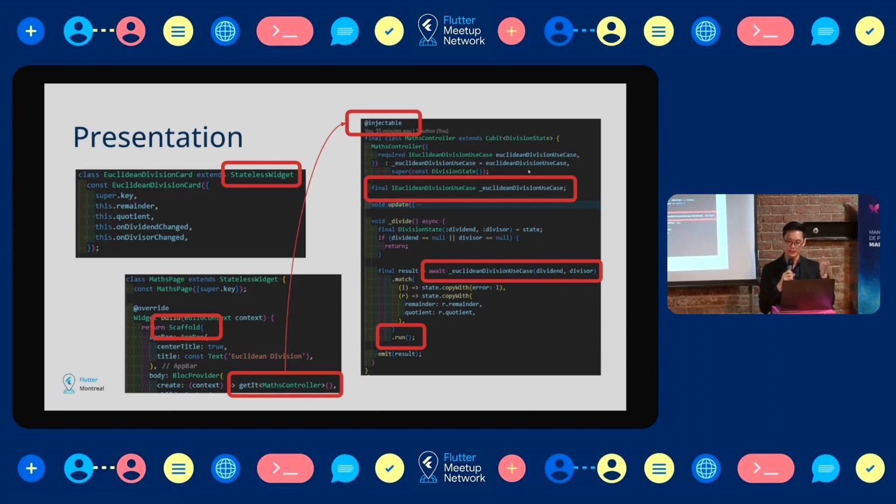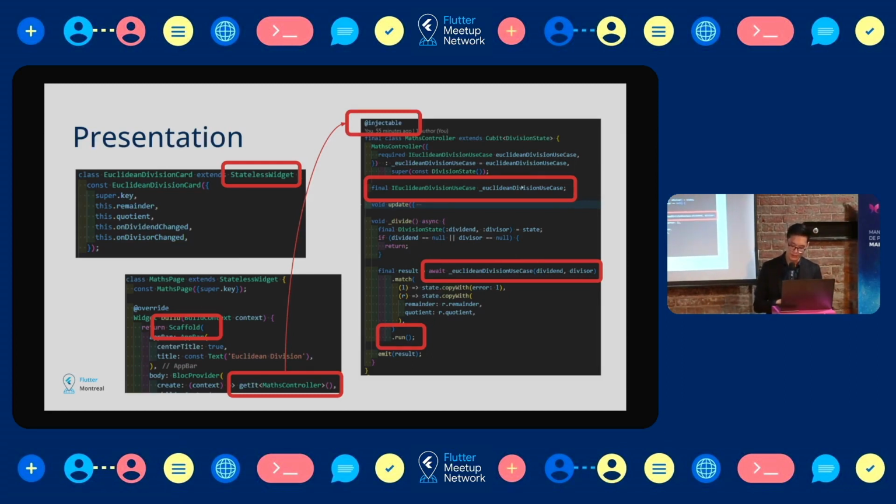So each layer, for example the controller, will only use the use case part. So you shouldn't have any other layers inside, only the next layer. So for example, the math will have the Euclidean division use case. So this use case will only do Euclidean division.